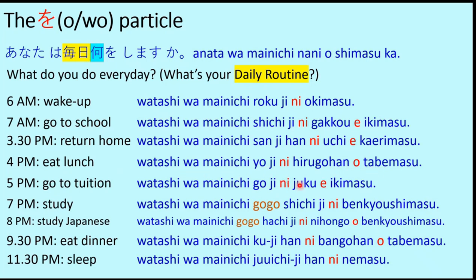This will be very good to master the Japanese basic sentence structure, which is subject, object, verb, SOV, and the usage of ni, e, and o particles. Wa is always there, but the application of ni, e, and o will be clear if you practice in that manner.